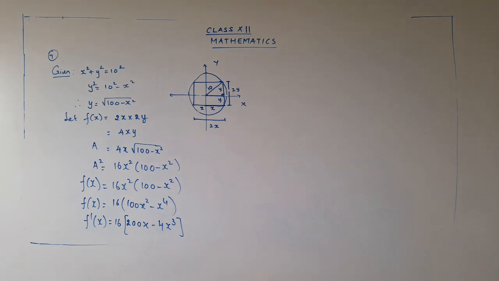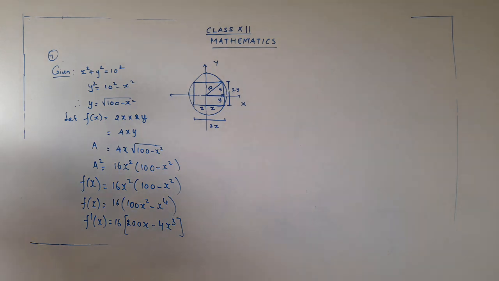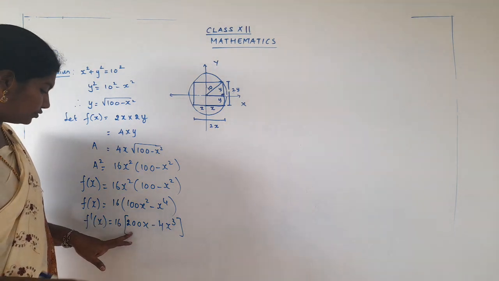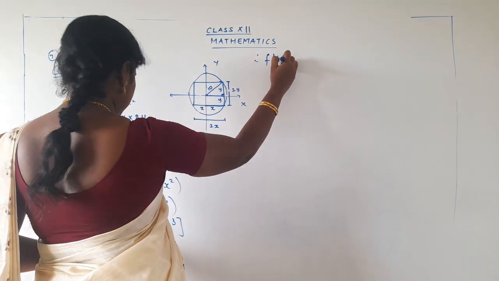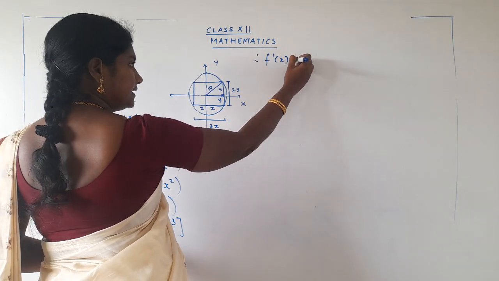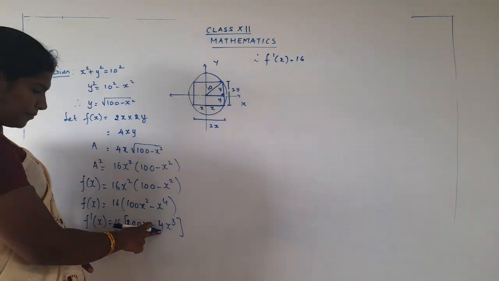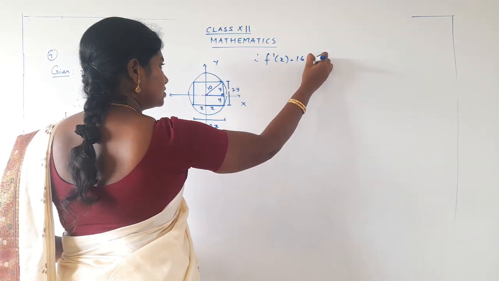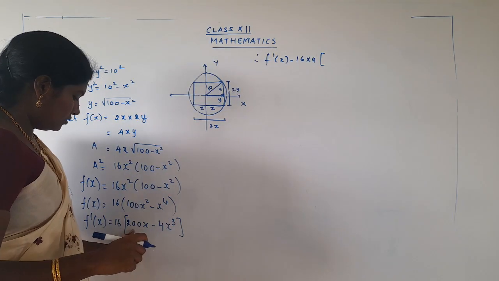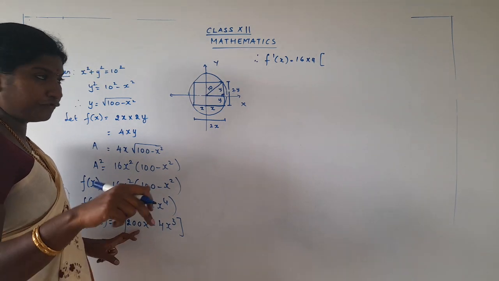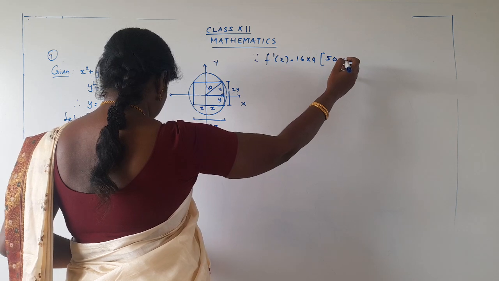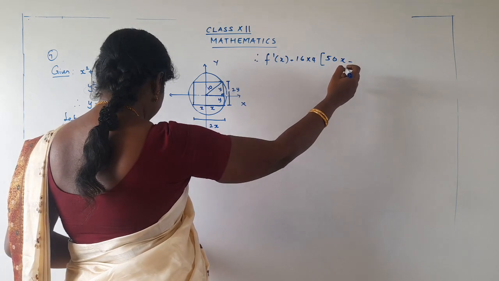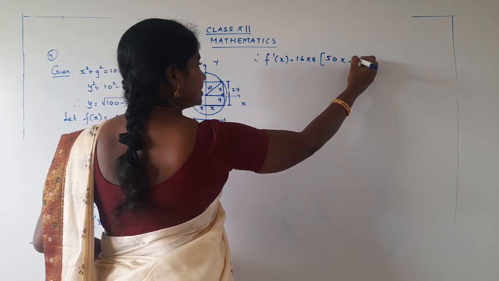Okay, so now let me continue further. What I'll do here is I'll just take 4 common out so that the calculation becomes easier. So I'll write down here, therefore f dash x is equal to 16. If I take 4 common out, 4 5s are 20, so 50x minus x cubed.